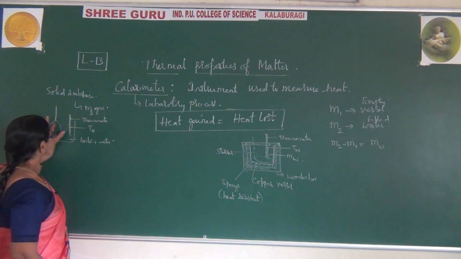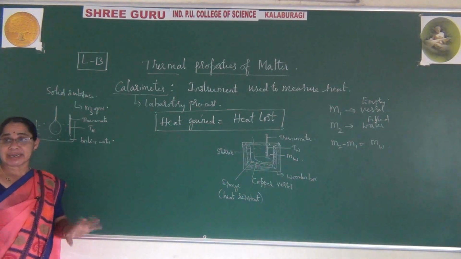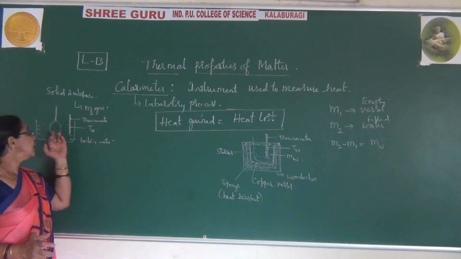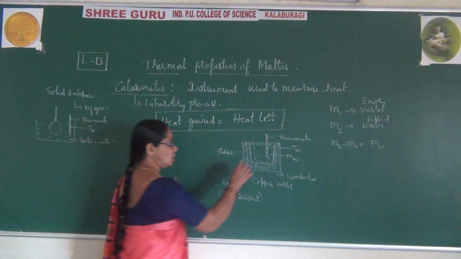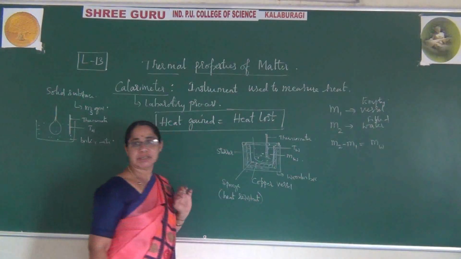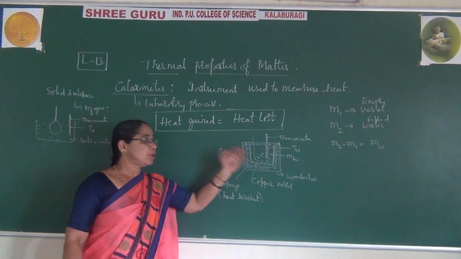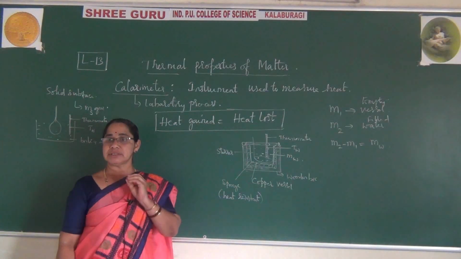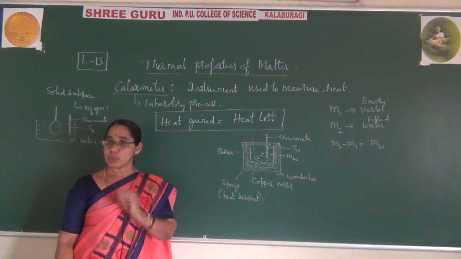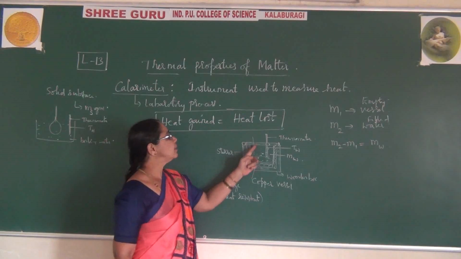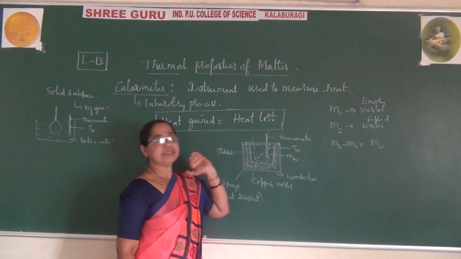I remove it immediately without wasting time, and put it into the calorimeter. I should not waste time, so the temperature does not change. I open the lid, put it in, and close the lid again.